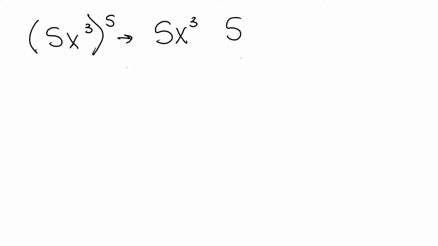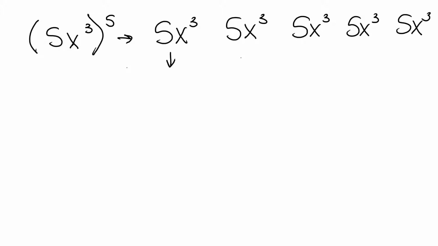For this problem, we're going to do another coefficient, 5x to the 3rd raised to the 5th. Writing it out long ways, my exponent is a 5, so I have to write the inside portion 5 times, 5x to the 3rd, 5 times. We then break it down again, and I write x to the 3rd 3 times.